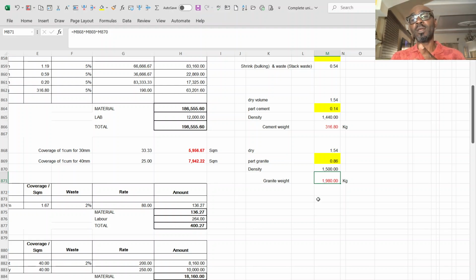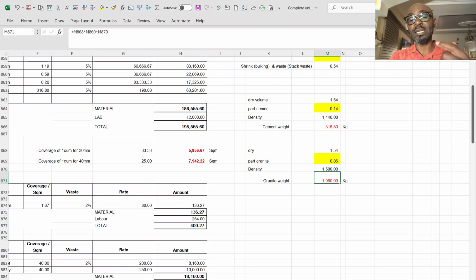Now, because the granite component in the mix is not just one shade of granite, like I said, the client's specification will determine how much of gray, how much of white, how much of black that you need to put in 1 cubic meter of concrete.